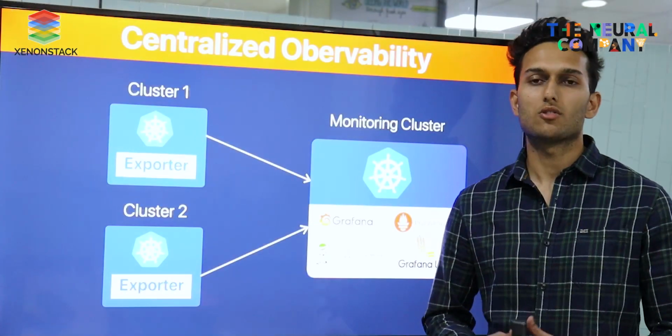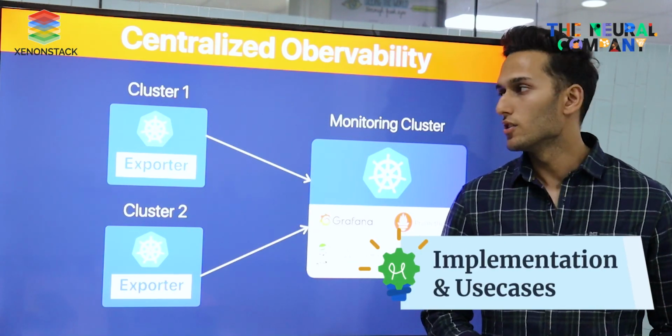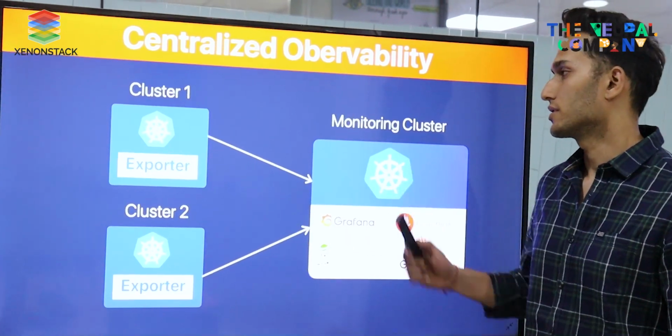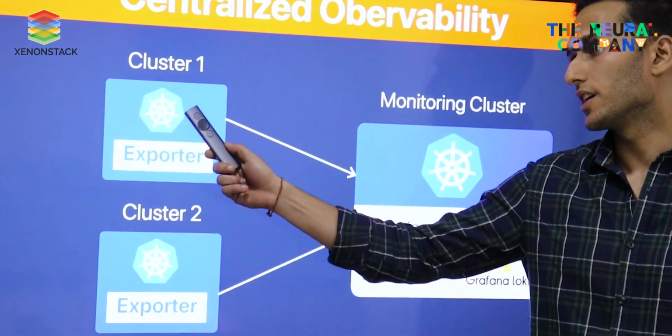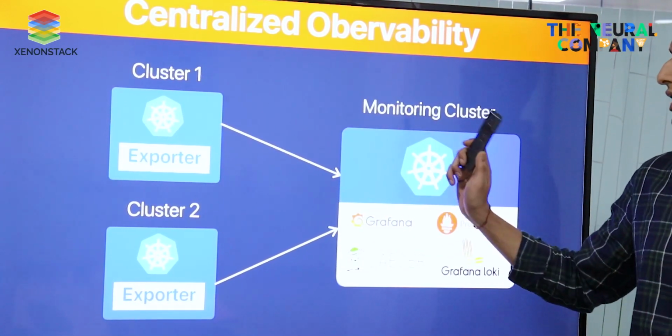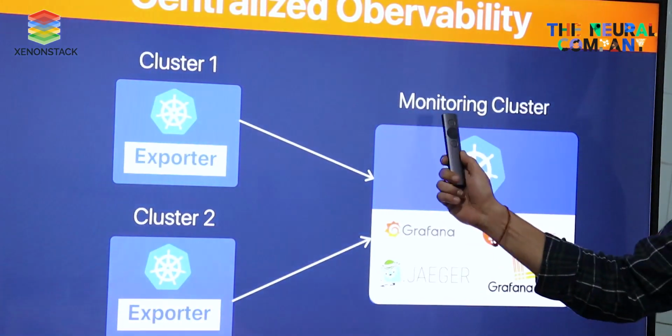As we are done with the solution part, let me take you to the implementation part of centralized observability. Here we have 3 clusters: cluster 1, cluster 2 and a monitoring cluster. In the first two clusters, our application workload will be running, and the third cluster is specific to the monitoring part.